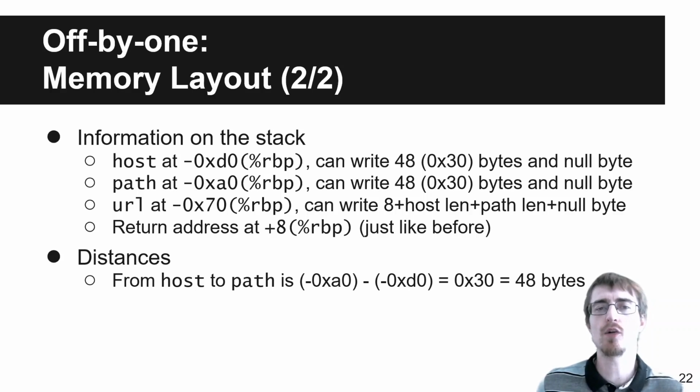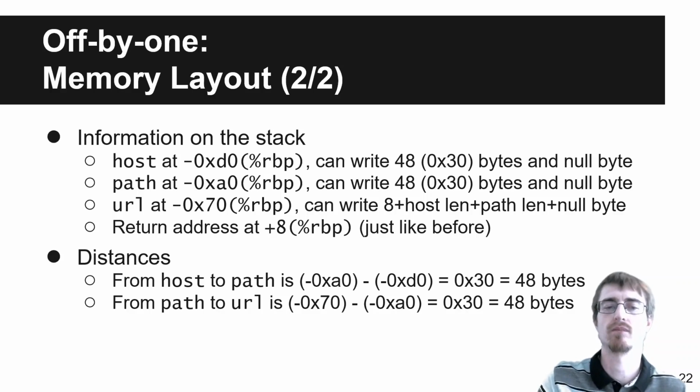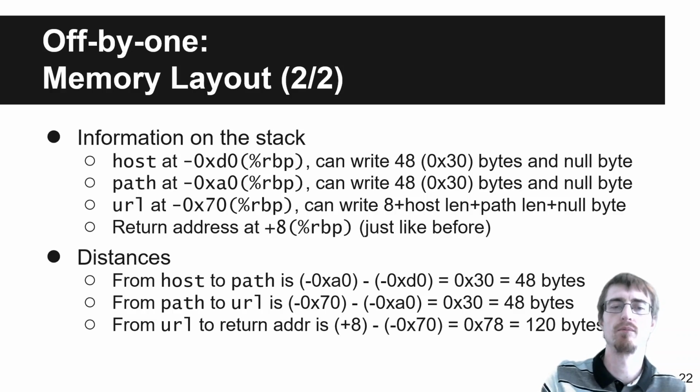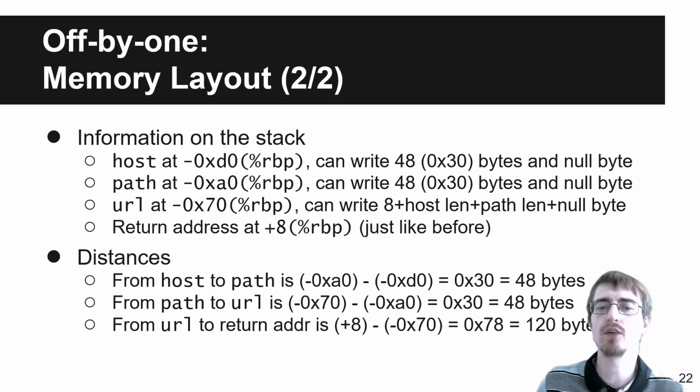So the final byte that we are overflowing is stored in path. Now from path to URL is also 48 bytes, which means that we can also overflow 1 byte into URL. And from URL to the return address is 120 bytes, which means that if we want to perform an attack, we should write 120 bytes followed by the return address. So this is what we can derive from the assembly code about the stack frame.